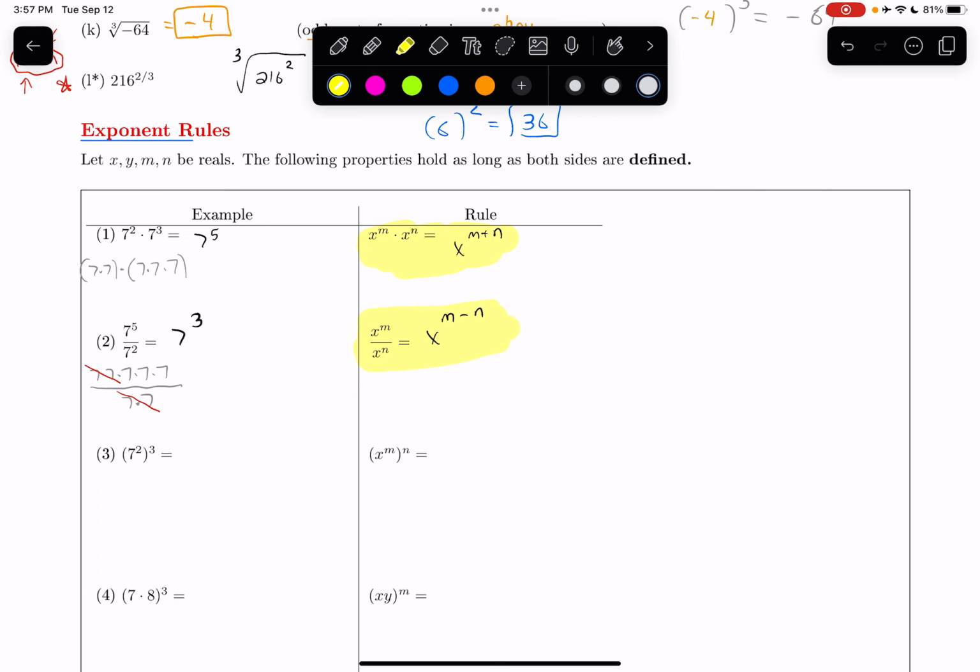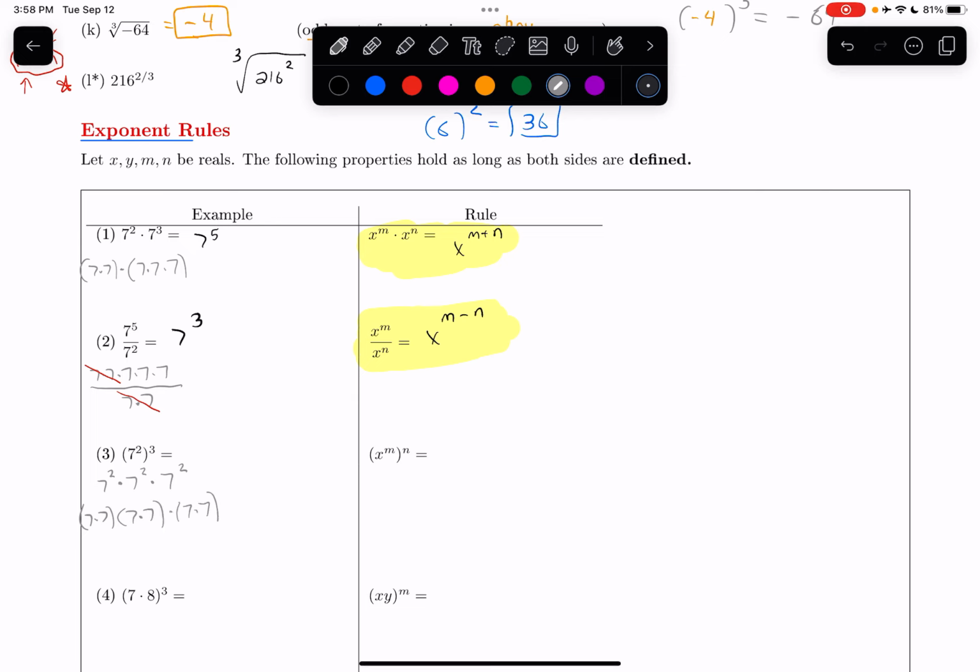Let's go to number 3. What if I have a power, like 7 squared, and then that whole thing is to another power? So a power to another power. 7 squared, if I cube that, means I get 7 squared times 7 squared times 7 squared, 3 times. And each of those 7 squareds means 7 times 7.